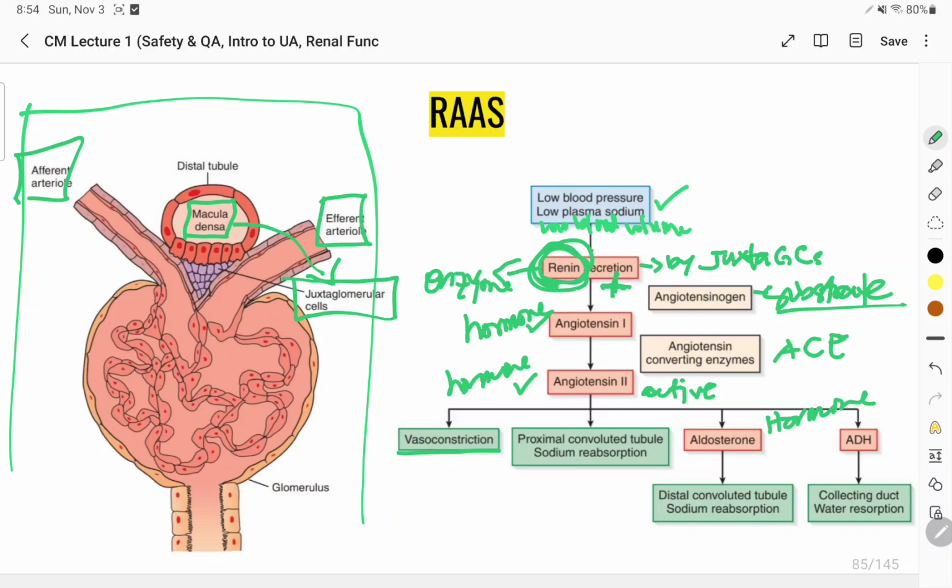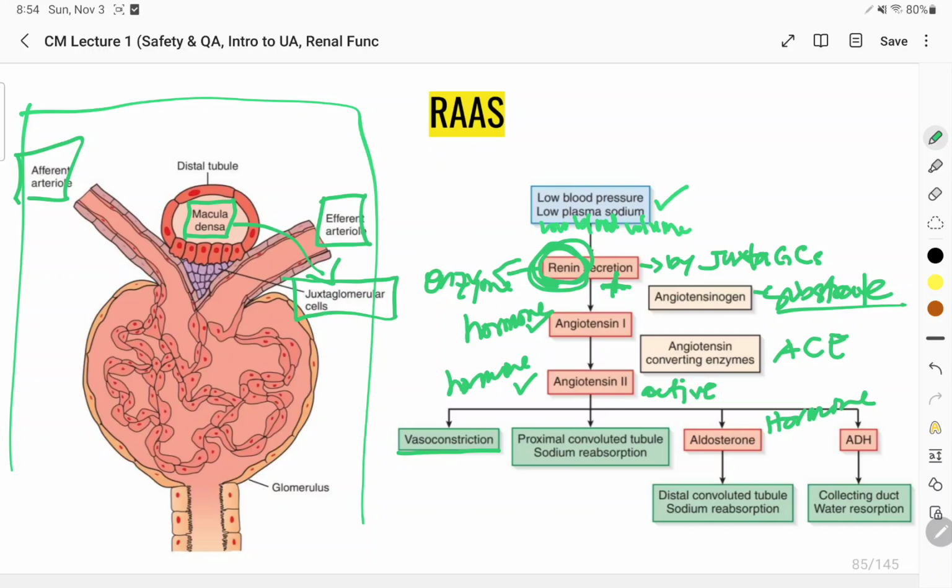And also, aside from your aldosterone, it also triggers your ADH. Okay? Your ADH is also known as your vasopressin, arginine vasopressin, still a hormone. Your ADH is produced in the hypothalamus but stored in your posterior pituitary. Okay?